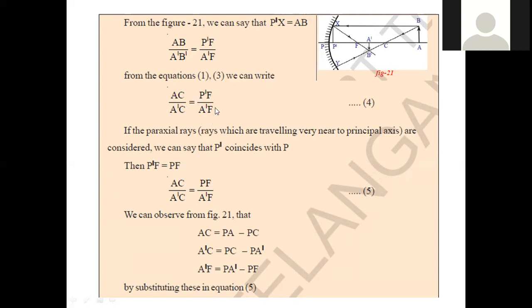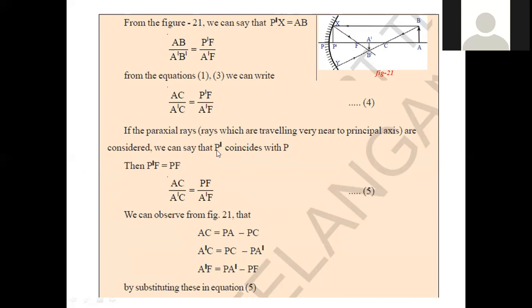This is a new relation, right? What do paraxial rays denote? The rays which are traveling closer to the principal axis. With respect to the principal axis, if any rays are going in close proximity, those are called paraxial rays.